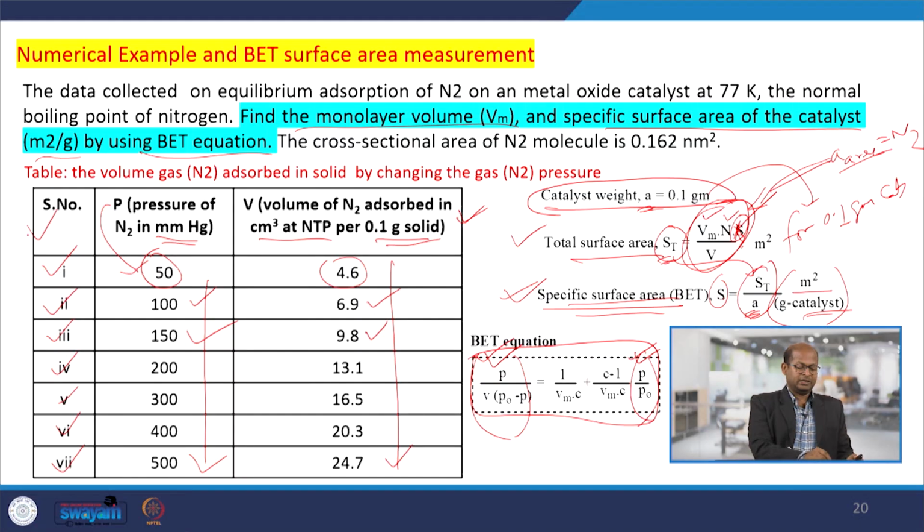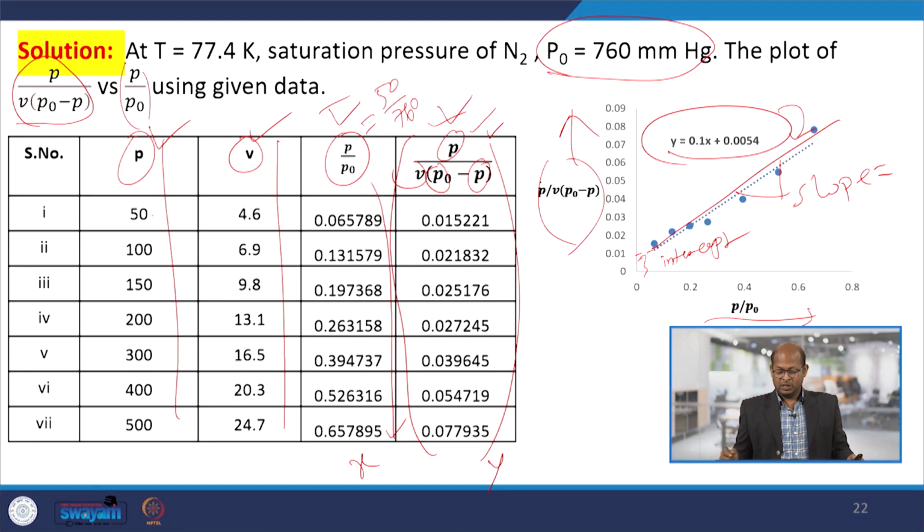So, this way, from the experiments we have this data, pressures against the volume adsorbed, these tables we know, and we have these equations. With these equations we can find out the surface area by plotting.